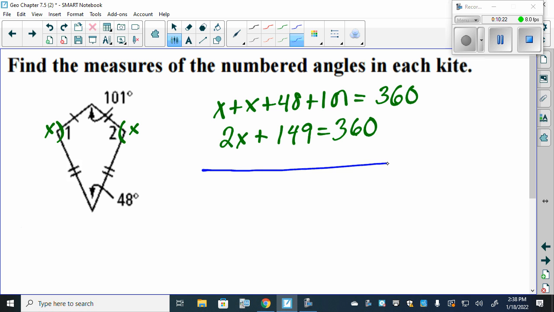And then from here we can subtract 149 from both sides, which will tell us that 2x is equal to 211.